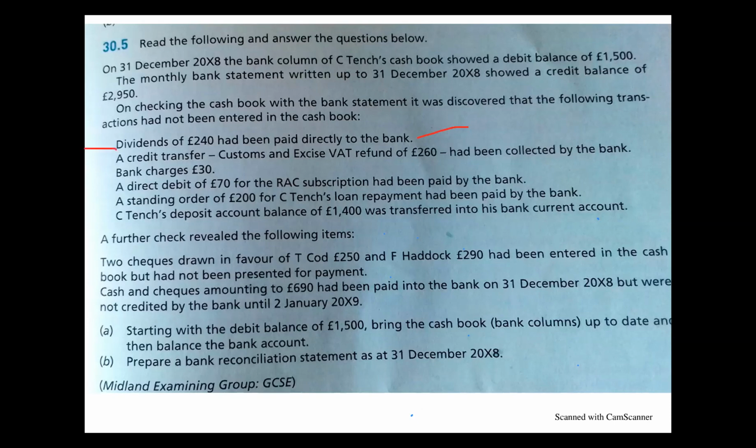First, before we move to the next one. So it means you received, your cash book was debited, but you didn't include that. A credit transfer, customs and excess VAT refund of 280 had been collected by the bank.